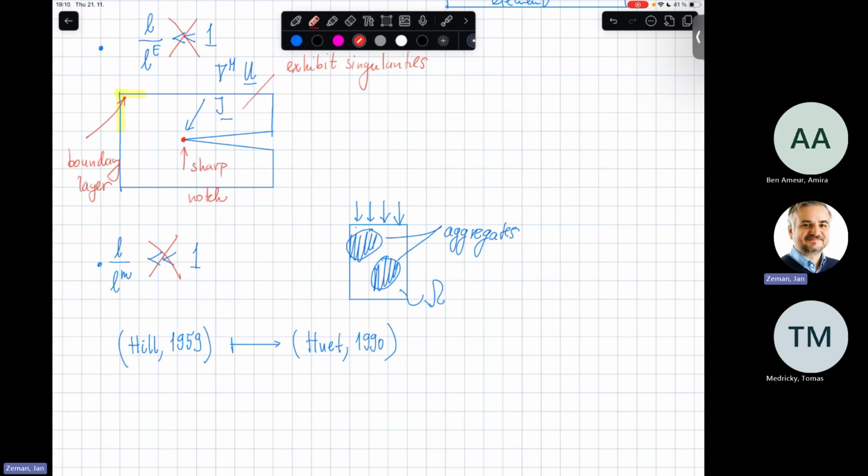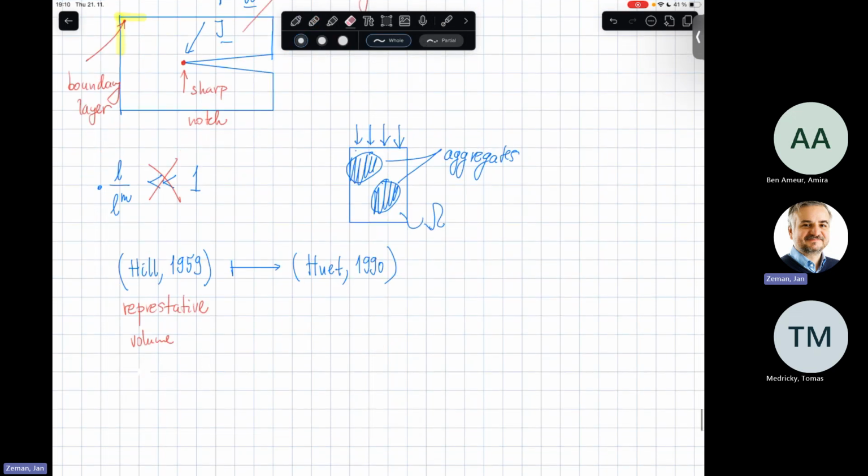Here, among other things, this term representative volume element, representative volume, appeared for the first time, as far as I know. And Hewitt is the intellectual father of that notion of apparent properties.